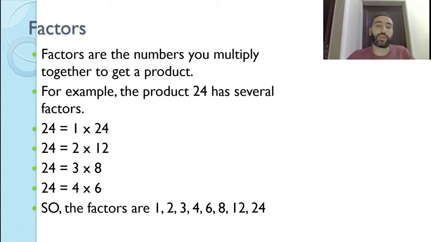Then 6 times 4, so we stop. So the factors are 1, 2, 3, 4, 6, 8, 12, and 24. We need to remember these ideas before we start our lesson, then we need to use them.